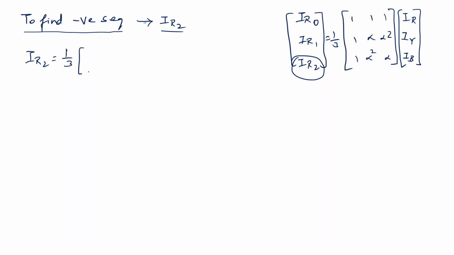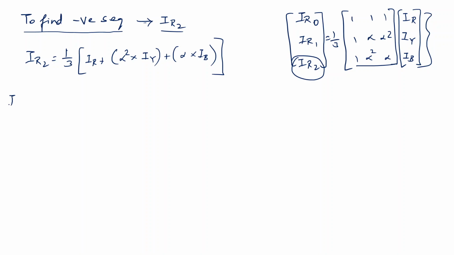1/3 of IR. So just multiply this with this: IR plus alpha square into IY plus alpha into IB. So what is the value of alpha?